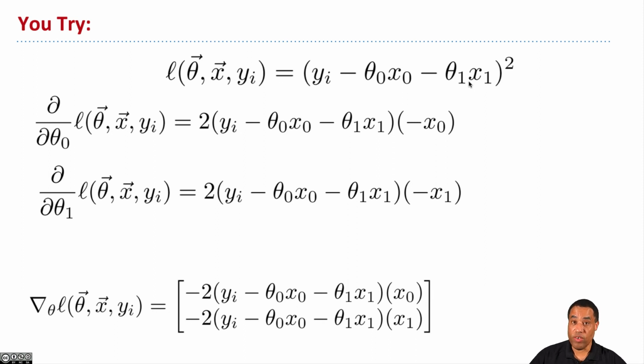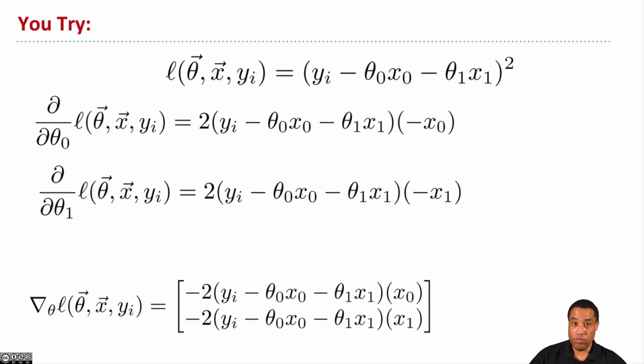So our derivative with respect to theta 0 will simply be, we take the 2 down, so it'll be 2 times the quantity y sub i minus theta 0 times x0 minus theta 1 times x1, times negative x0.